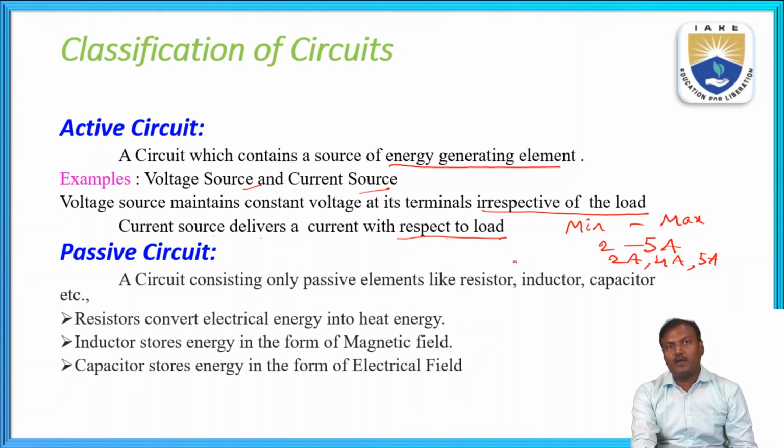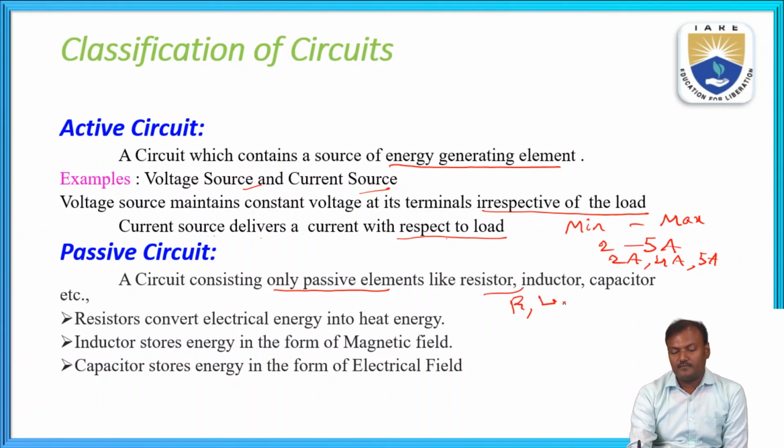And next one is a passive circuit. A circuit consisting only of passive elements like resistor, inductor, and capacitor is known as a passive circuit. Resistor converts electrical energy into heat energy. That is, resistor consumes electrical energy and dissipates it in the form of heat energy.